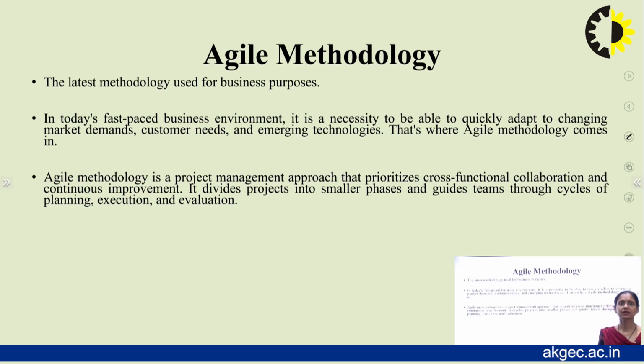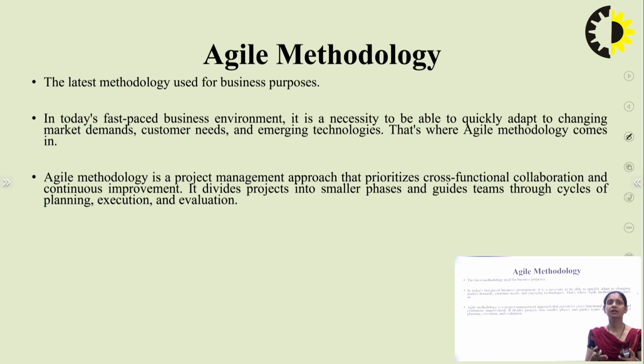Agile methodology is a project management approach which prioritizes cross-functional collaboration and continuous improvement, because when the collaboration between the user and the developer is there, there is scope for improvement, as the user can give his feedback and that feedback can be implemented into the later parts of the software. Hence the project is divided into smaller phases and the teams work accordingly.